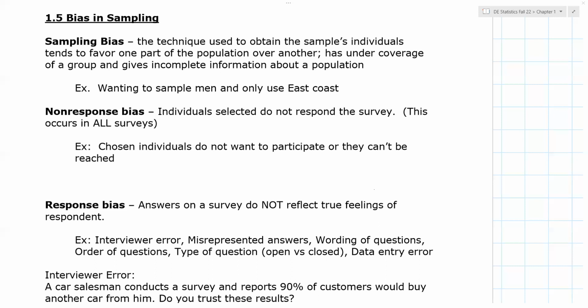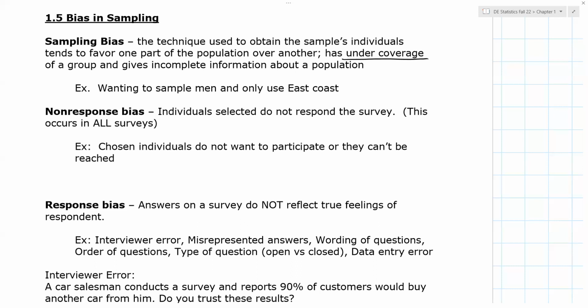So no matter how you set that up, or maybe you did random sampling, you just happen to end up with a sample that didn't really span the entire spectrum of men. The issue that this can create is something called undercoverage. Undercoverage is an issue that's created by sampling bias. It leads to a lack of representation.